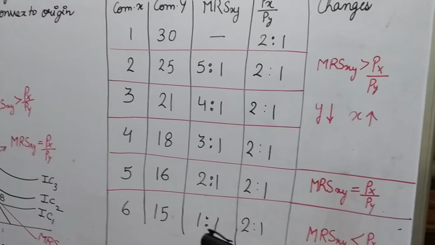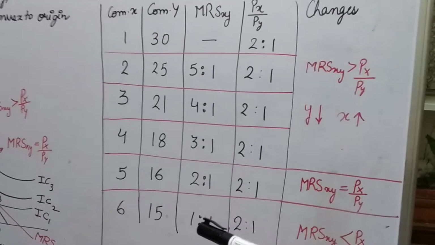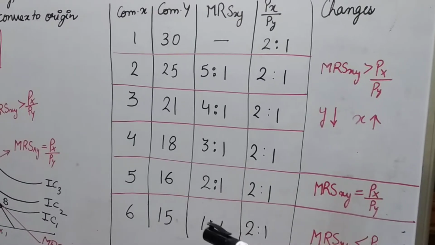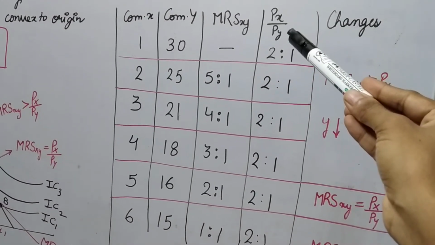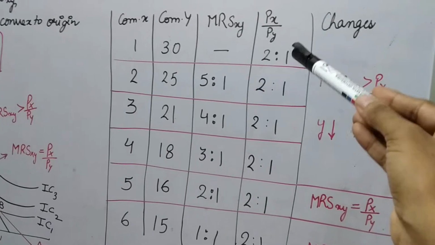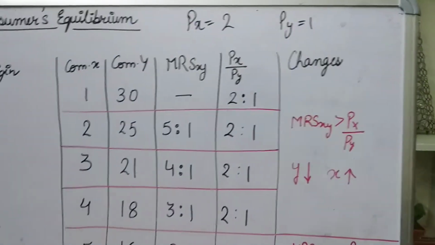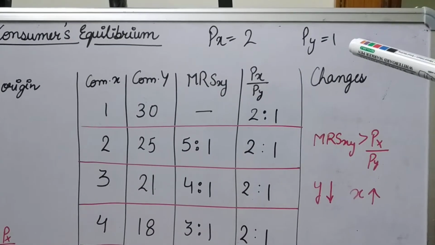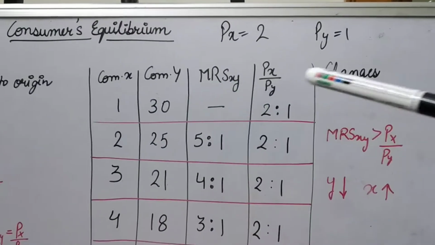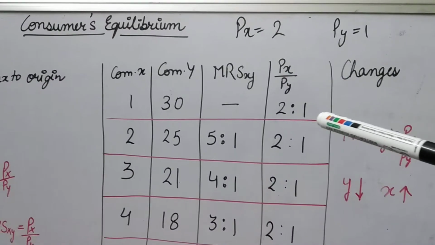Now according to the consumer's equilibrium condition, the consumer should be in equilibrium where MRS of XY and the PX-PY ratio are equal to each other. Suppose the price of X we have assumed as rupees 2 and the price of Y as rupee 1. So Px upon Py is 2:1, or 2/1.